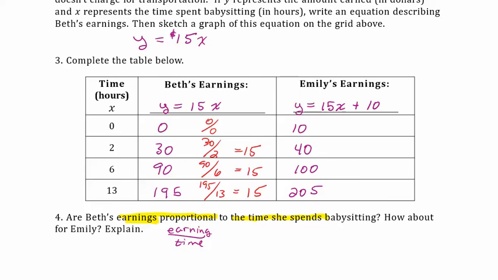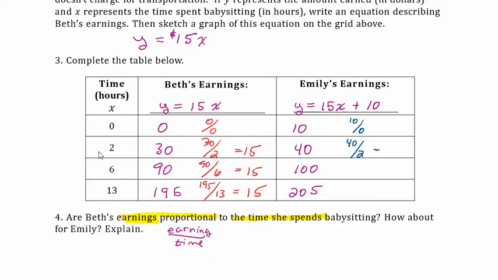Okay, let's do Emily. So same thing, if I do Emily's earnings divided by time. This is going to be 10 divided by 0, which is undefined, so we won't talk about that. Let's do 40 divided by 2, right? She did $40 for 2 hours because she had that $10 fee.